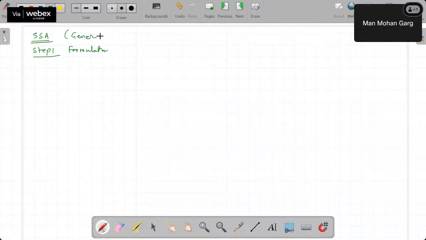Then we will take the specific example of a buck converter and explain how to use this. So, formulation. In formulation, you know, a buck converter or any different converter.